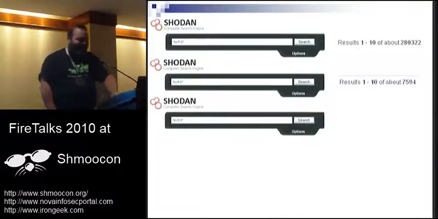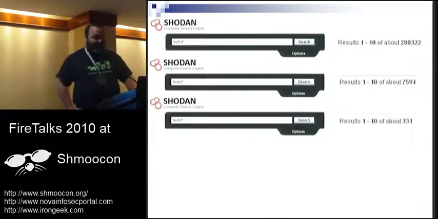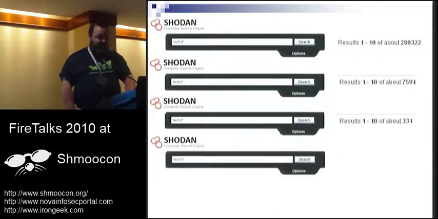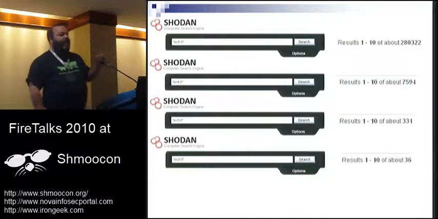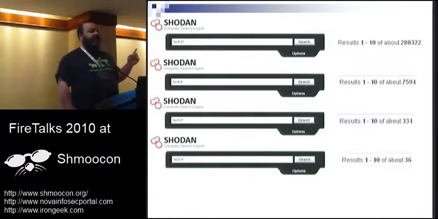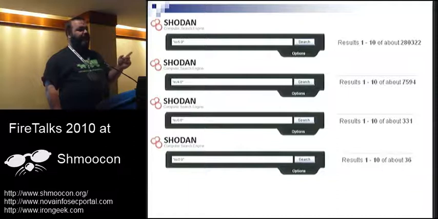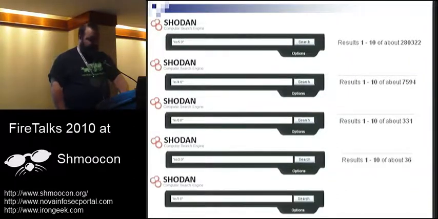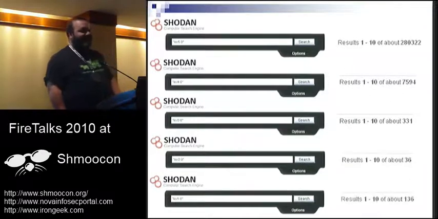Come on. Yeah, 331. IIS 2.0, 36. Does anybody know what IIS 1.0 maps to? Windows NT 3.51, which came out in 1995. 136.